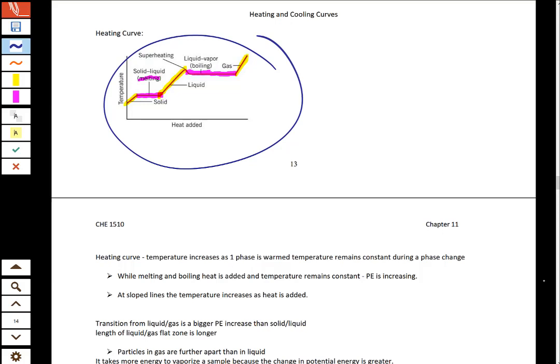And the key is the parts that I've highlighted in yellow, where you're seeing a slope. These sections are going to use your typical equation that you're used to seeing, Q equals m s delta T, that you saw from Chapter 6. The only issue now is that s will change based upon what state you're in.